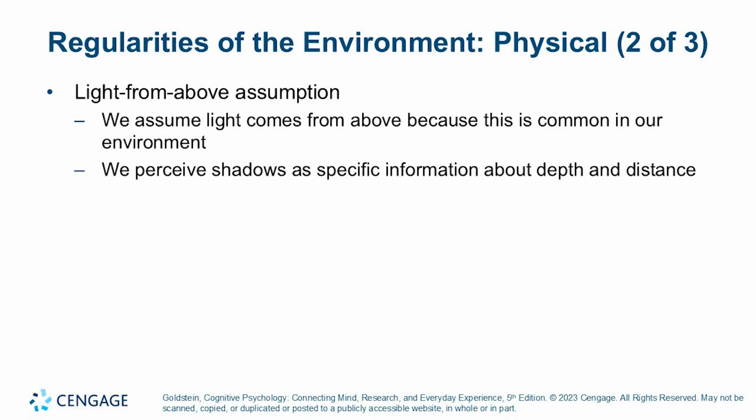Because of that, our brains essentially learn that light tends to come from above. And so the way that it interprets shadows is by always assuming that, unless it's really clear that something else is going on, in any situation that's a little bit ambiguous, the brain will assume that the scene is being illuminated from above and will interpret depth and shadows and things like this based on that assumption.